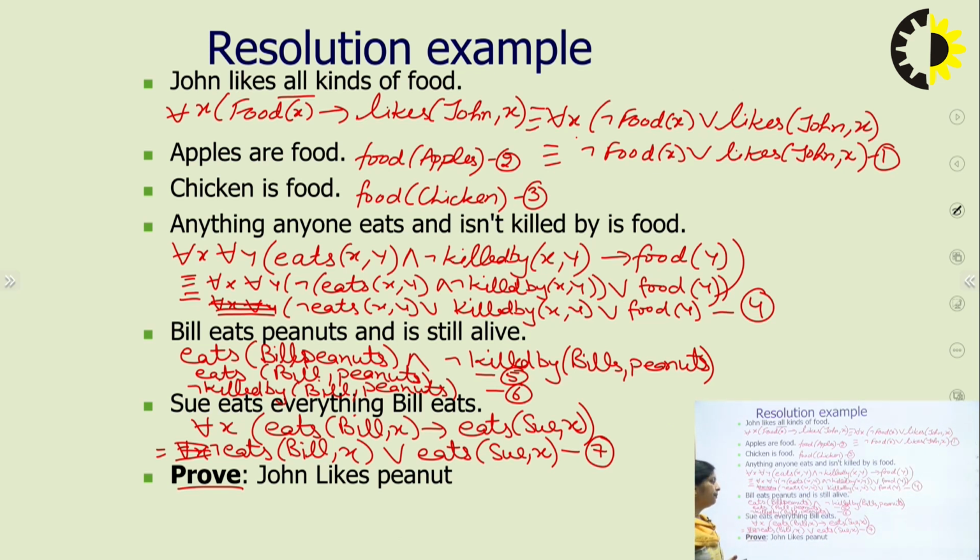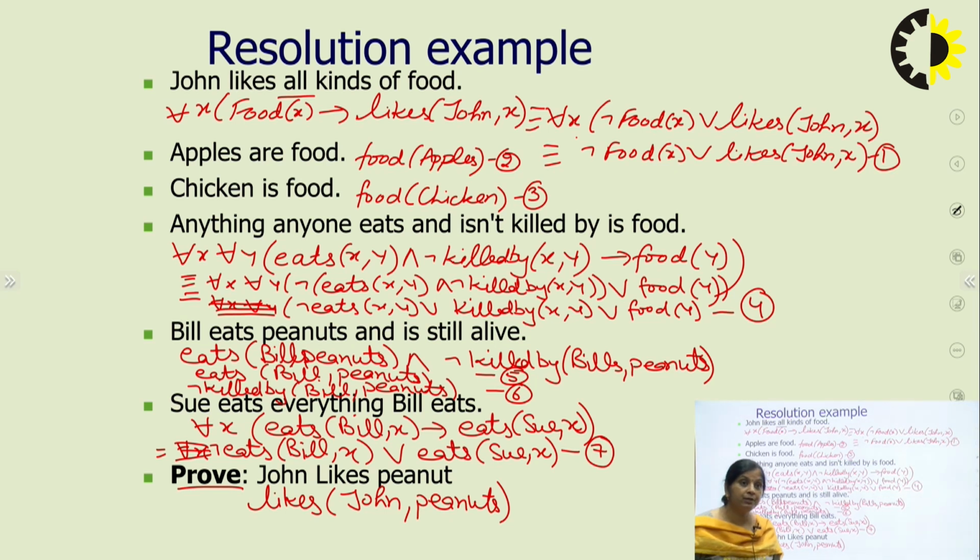Now what is to be proven? John likes peanut. It means likes(John, peanut). This is to be proven. Now how will we prove it?